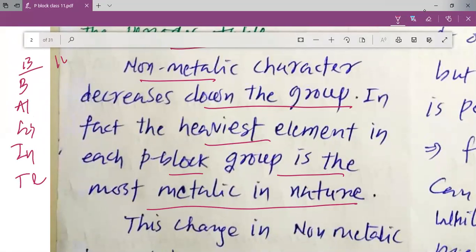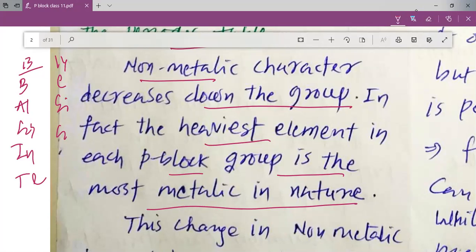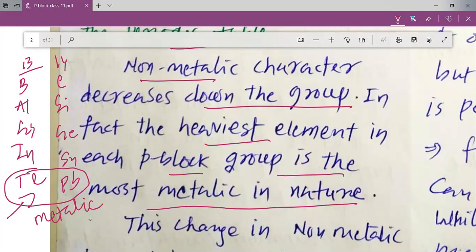In the same way, in group number 14, we have carbon, silicon, germanium, tin and lead. So the heaviest element, or the last element we are talking about, is the most metallic in nature. That is what we can easily understand regarding these p block elements.